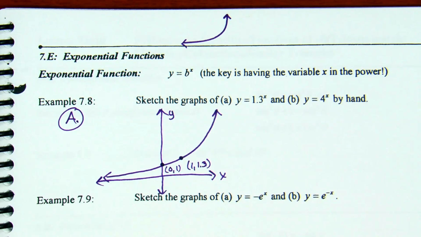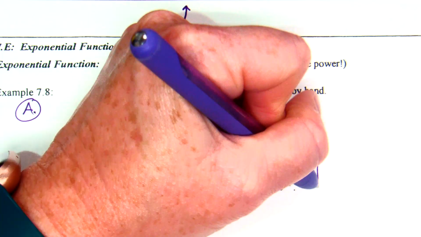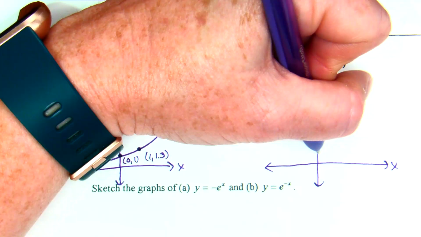As opposed to B. That base is bigger. How does that larger base of 4 change it? X-axis, Y-axis. So if it's y equals 4 to the x, it's still going to go through 0, 1, right?